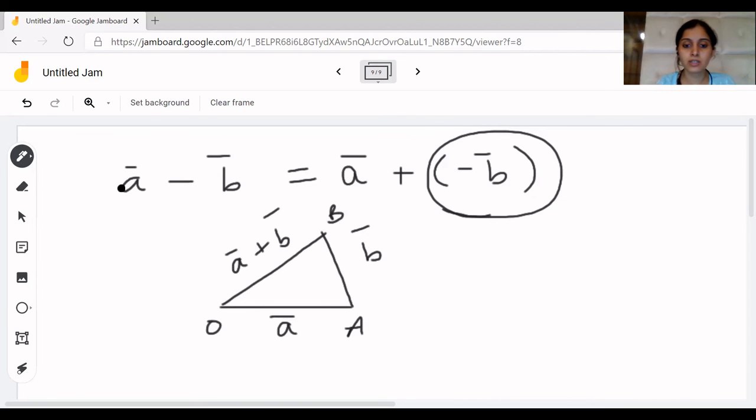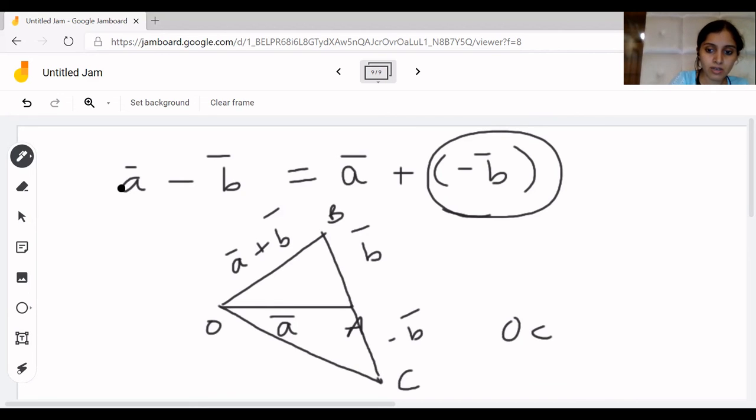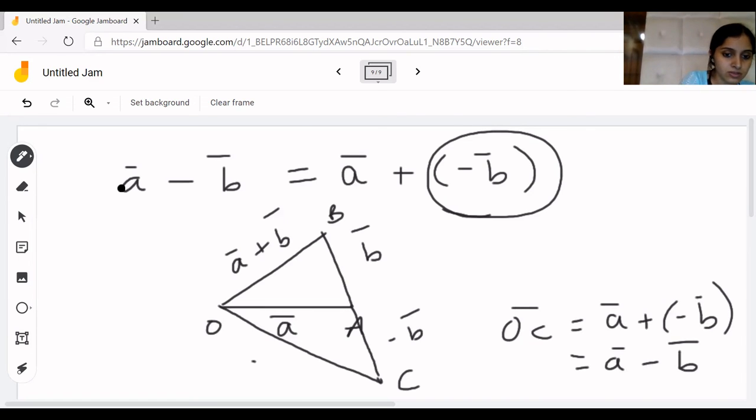Negative of B bar is basically what? Magnitude remains the same, direction is opposite. So we'll go downwards now. This will be minus B bar, and let's say I'll call this point C. Then OC bar is equal to A bar plus minus B bar, which is equal to A bar minus B bar. So this is how I will represent the subtraction of two vectors.